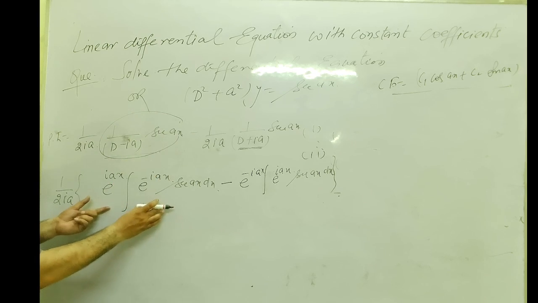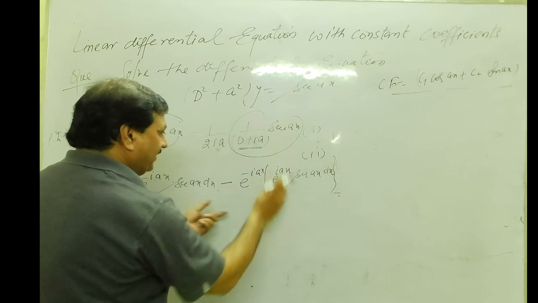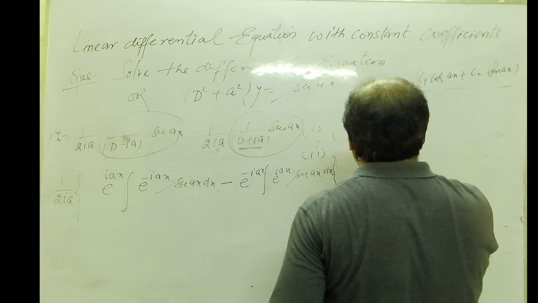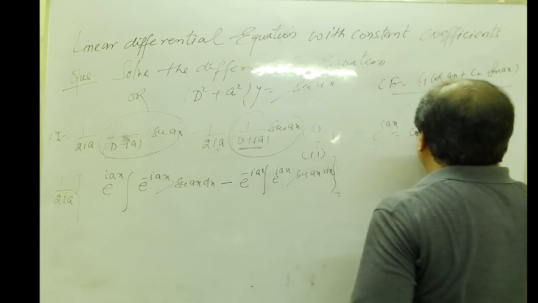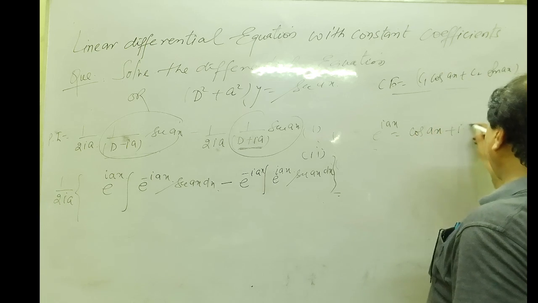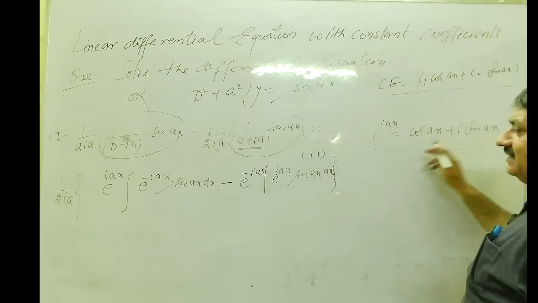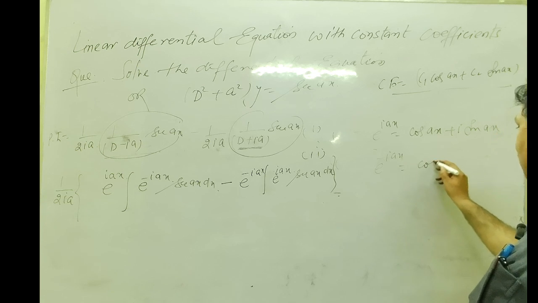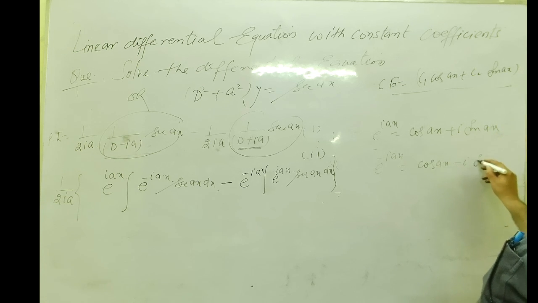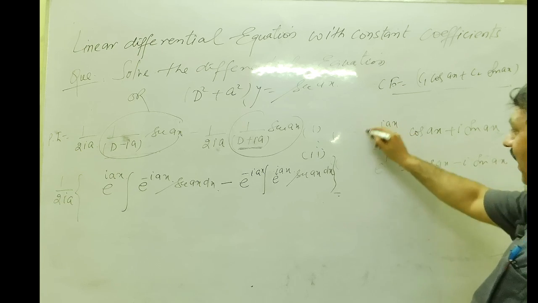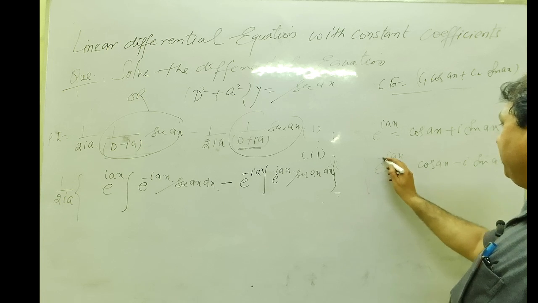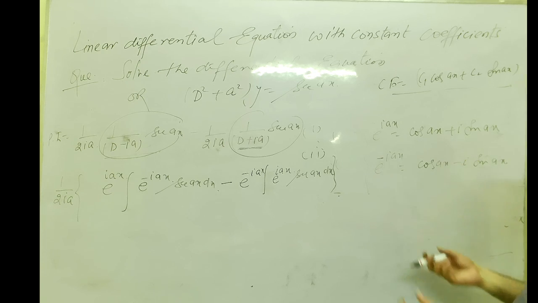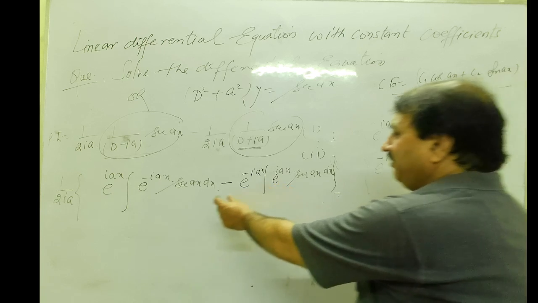Here e power iax means cos ax plus i sin ax. This is the value. Suppose e power minus iax, the value is cos ax minus i sin ax. This is the very important part of this question: the minus, that means the negative sign here, and this is plus. Put that value in this.